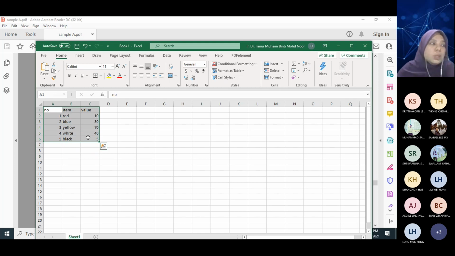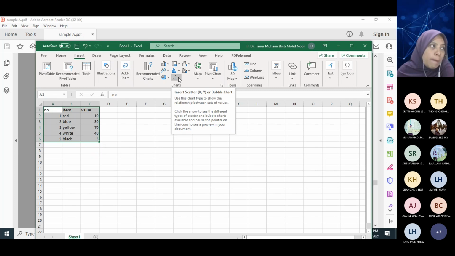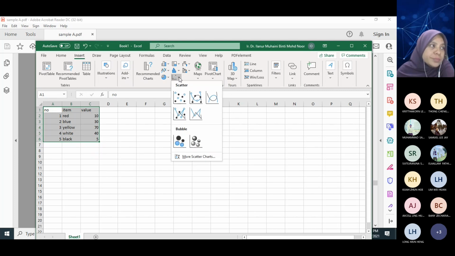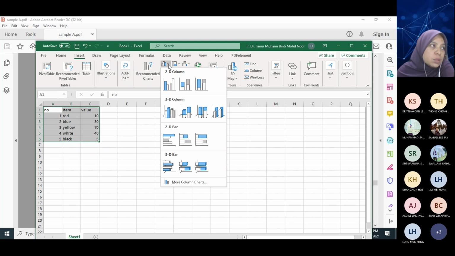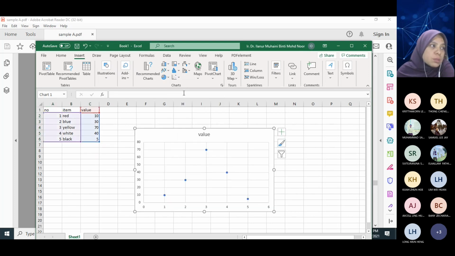Okay. Then this is the table. Go to insert. Go to chart. Which one you want? This also can lah. Scattered. So this graph come out from this. Okay.